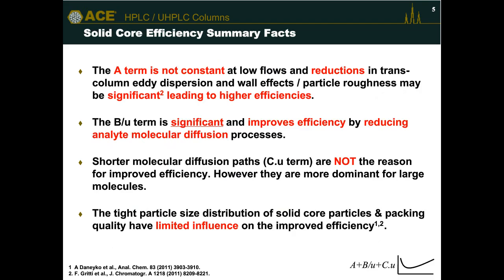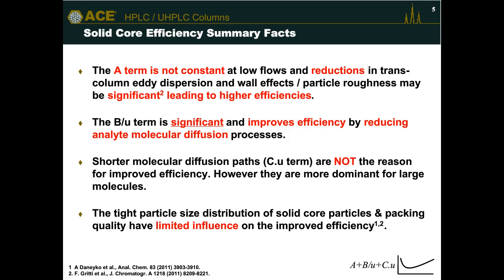And I think this slide really describes those features I was mentioning. We have a very narrow particle size distribution when it comes to these solid core columns. The packing material is more uniform, and therefore we can pack the columns perhaps better than we could with a fully porous particle.